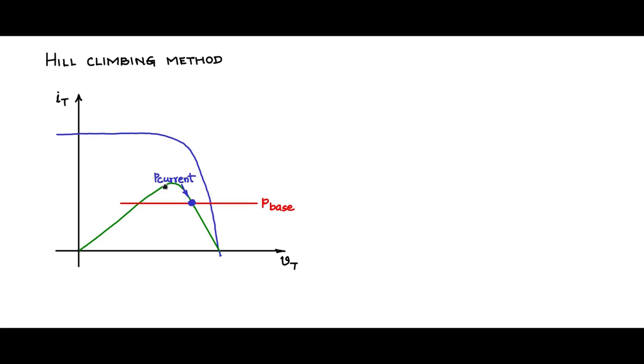Now the duty cycle moves in the other direction. So let us say it moves in the reverse direction. P base is still trying to catch up with P current, and the duty cycle still continues to move till it reaches the P base line, where it again toggles and reverses direction.